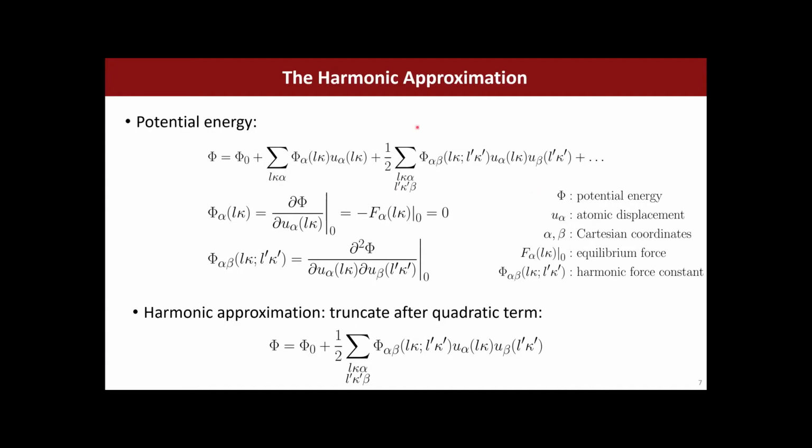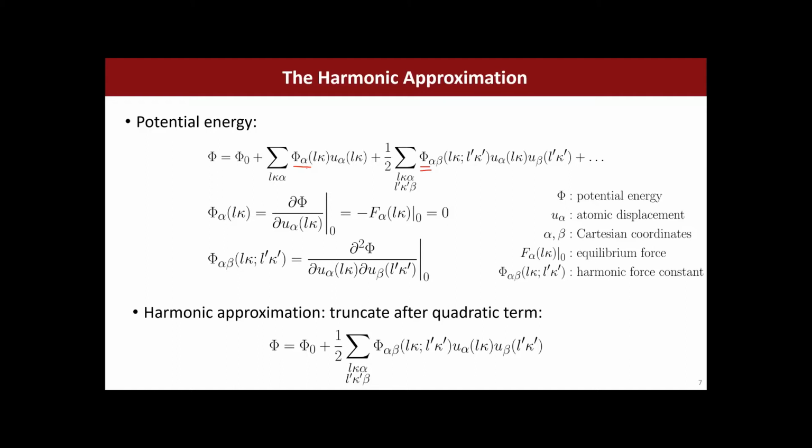So what are these particular coefficients here? These are the interesting ones. This one here is just the first derivative of the potential energy, and this is the negative of a force. If we are in equilibrium, the force on the crystal is 0.